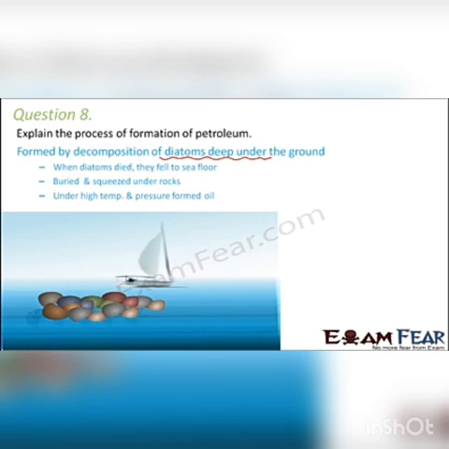As time kept on passing, they kept on going deeper and deeper. So the temperature increased as they went deeper. Under this high temperature and pressure, these dead organisms turned into oil, or what we call petroleum. So that's how petroleum was formed.